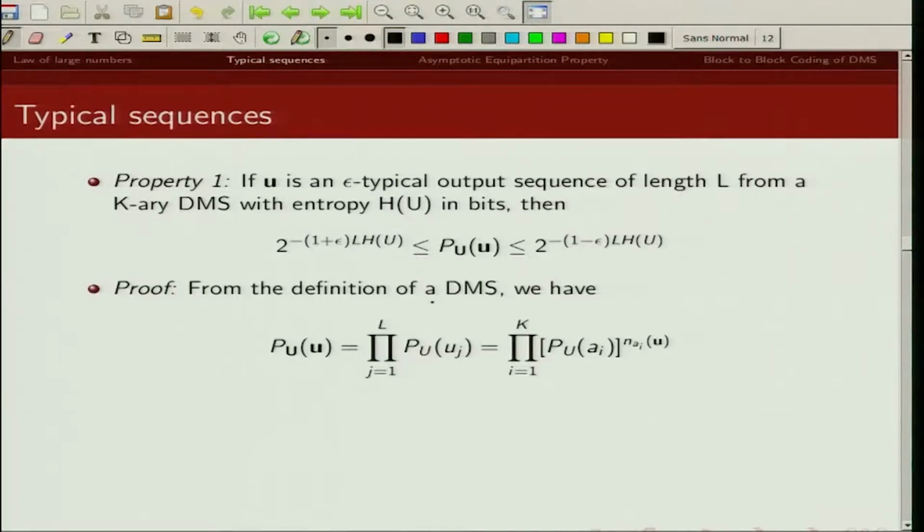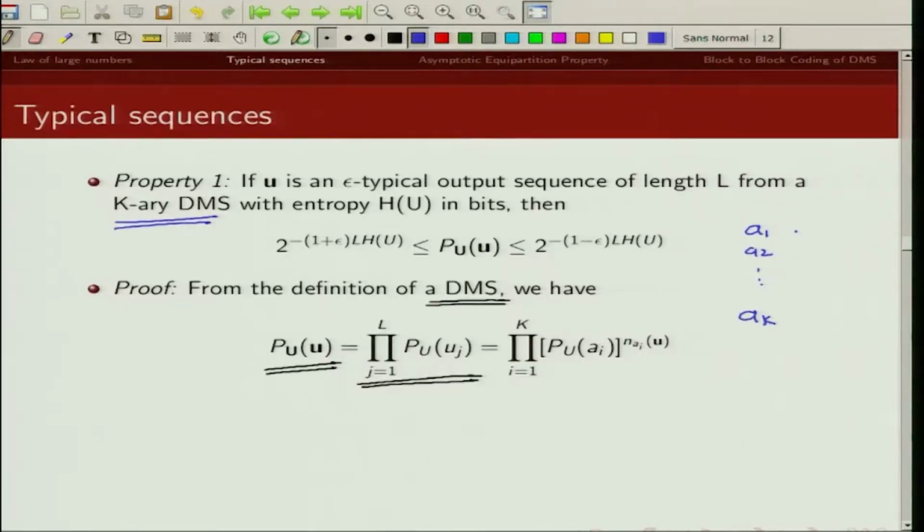So let us see how we can prove this. From the definition of discrete memoryless source, probability of occurrence of U can be given as probability of occurrence of U1 into probability of occurrence of U2 into probability of occurrence of UL. So that's this quantity. Next, we can also write it in terms of the alphabets emitted by the discrete memoryless source. So since this is a K-ary source, it will emit A1, A2, up to AK.